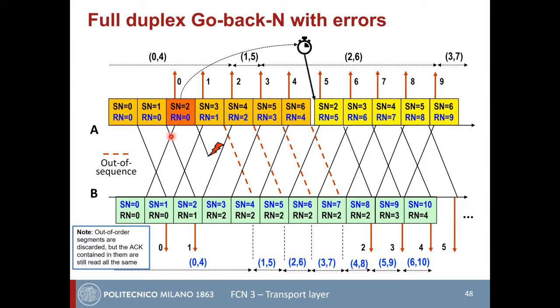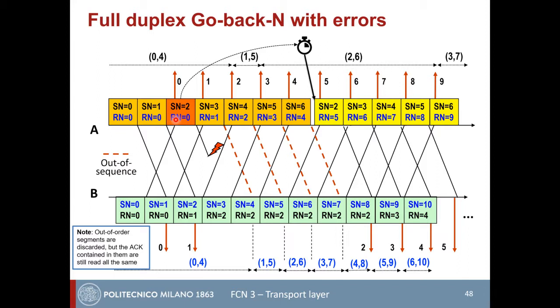Like for example here, with Sn equal to 0, there is a timeout that is initialized also when this frame is transmitted, but then the Rn equal to 1 comes back on time before the timeout expires. Okay? So the counter is reset.